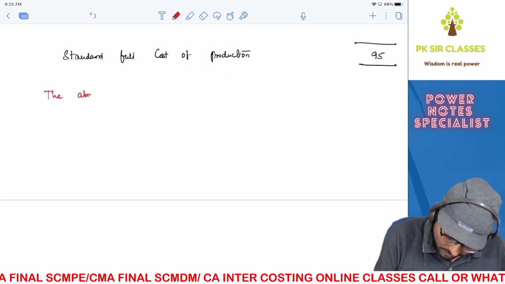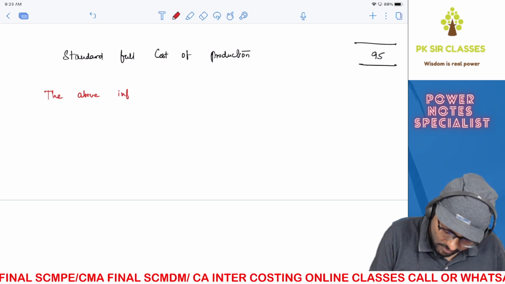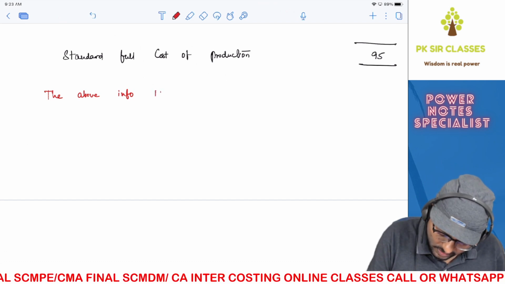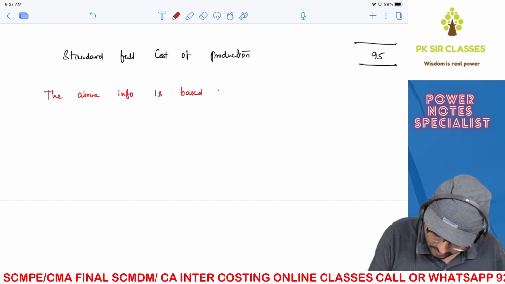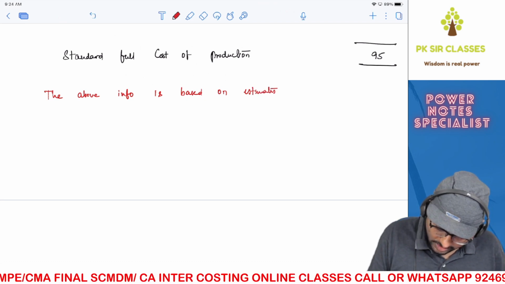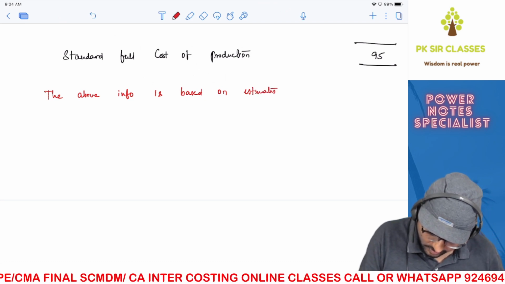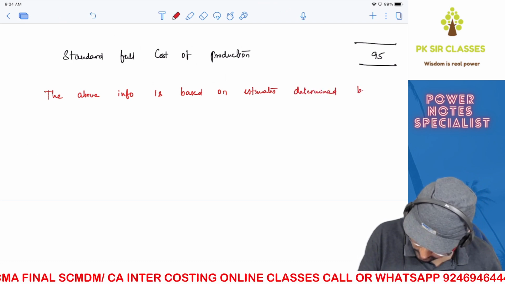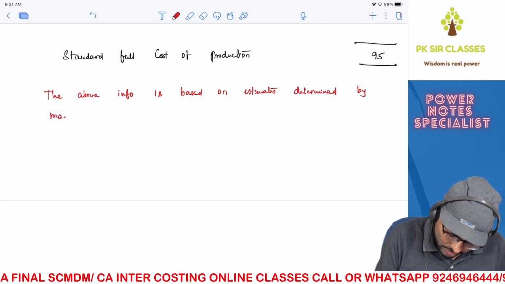The above info, or we can say the standard cost card, is based on estimates determined by management.